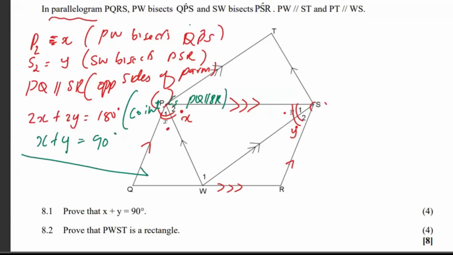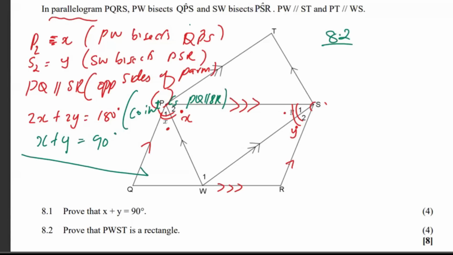Then 8.2. They want us to prove that PWST is a rectangle. Can we prove that PWST is a rectangle? What we know about a rectangle is that the opposite sides have to be parallel, which we've already been told.